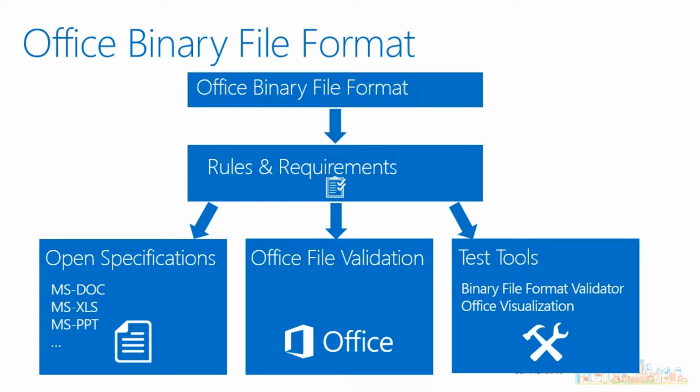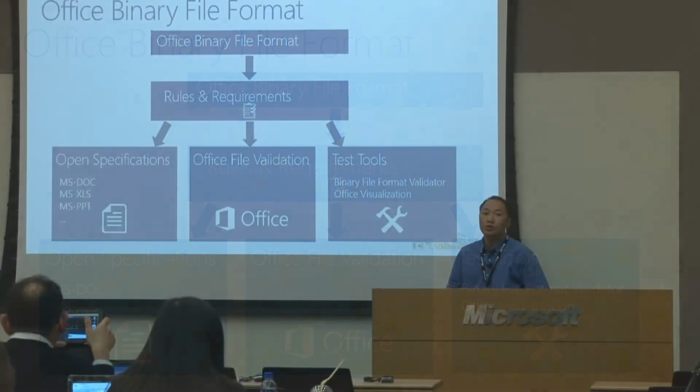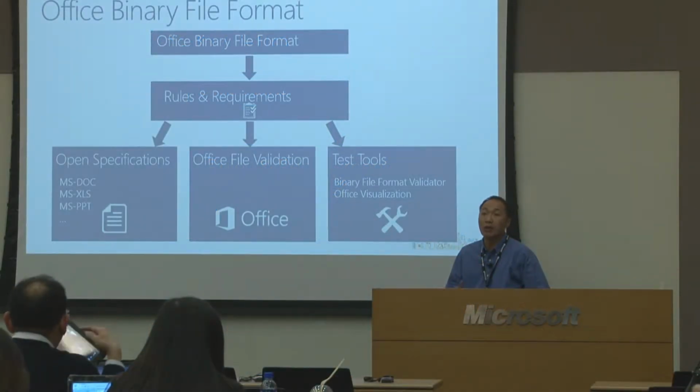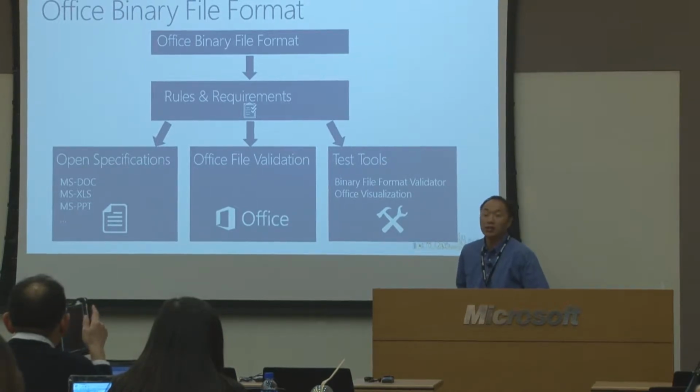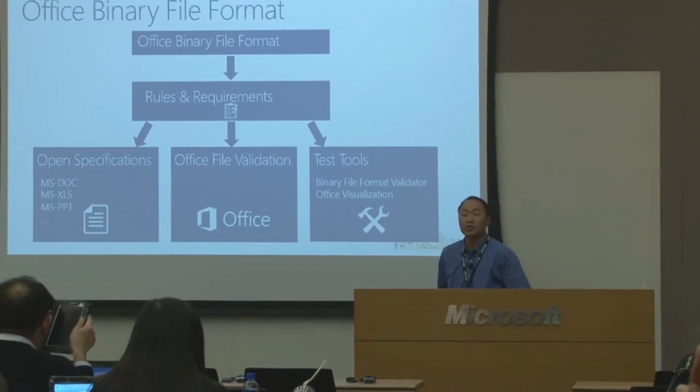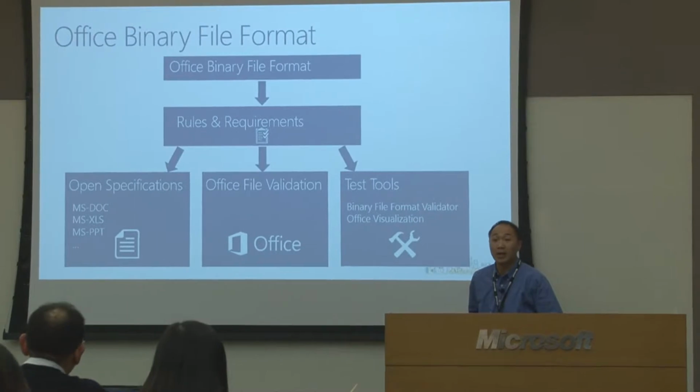The open specification basically describes the structure and format of the binary file format. Today we have MS-DOC, XLS, and PPT, which allows users to understand and use the binary file format. Then we have Office file validation, which is actually a part of the Office application.